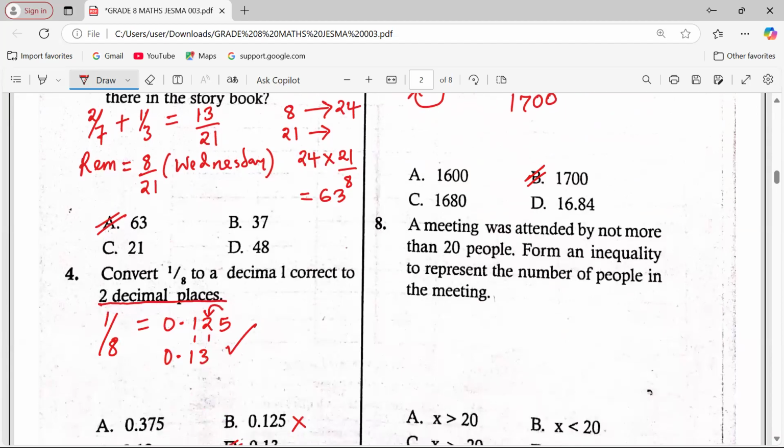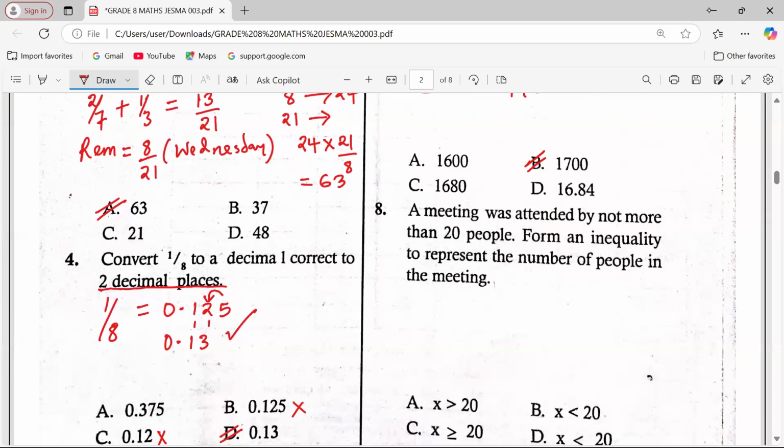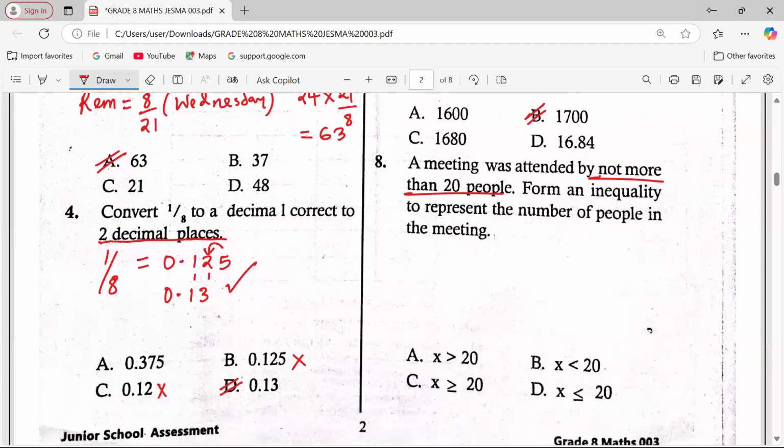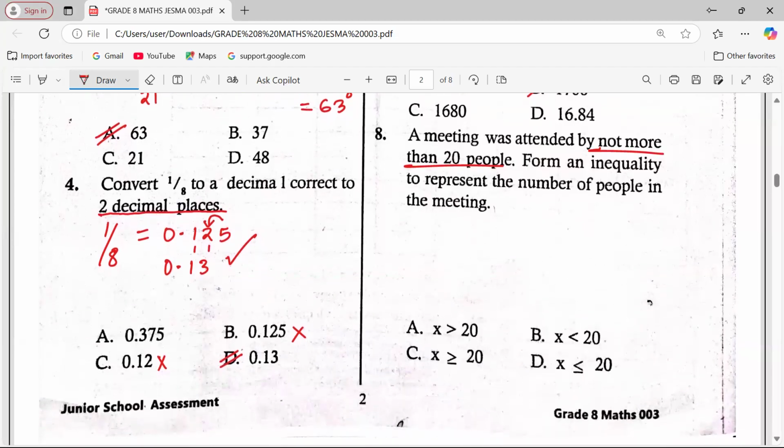A meeting was attended by not more than 20 people. Form an inequality to represent the number of people in the meeting. We can form the inequality in terms of x, because I can see x is the unknown which was preferred.